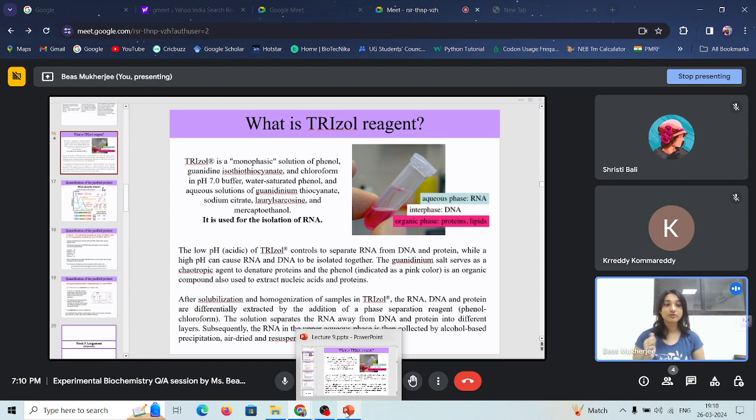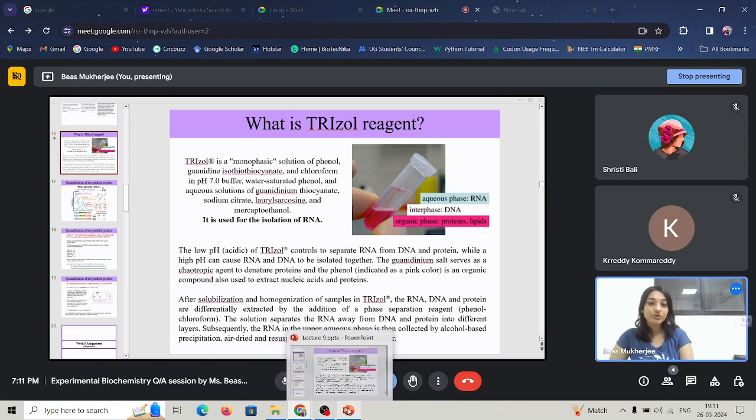Okay, so UV visible spectroscopy you can do, to know how much DNA or how much RNA is there, and then you can check the purity of the RNA or DNA using agarose gel. Okay, so agarose gel can tell you exactly how pure the sample is, and also you can get some idea about the purity from UV visible spectroscopy.